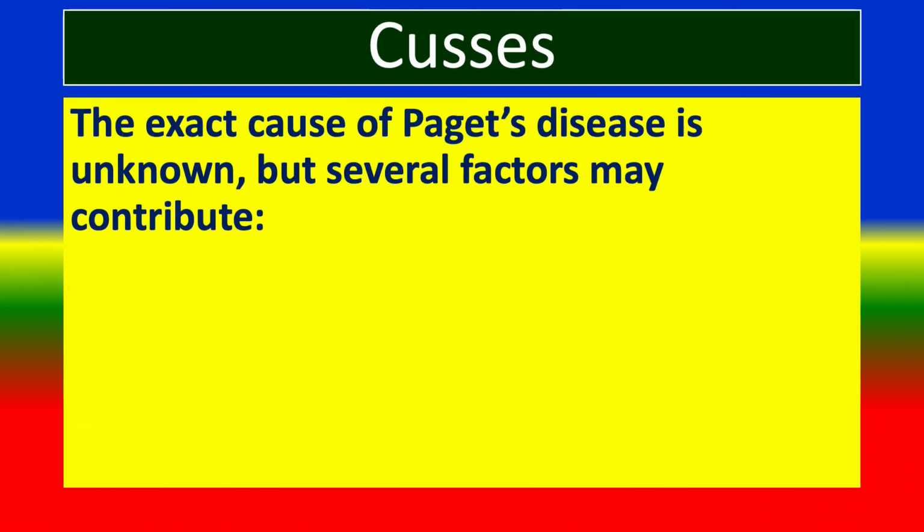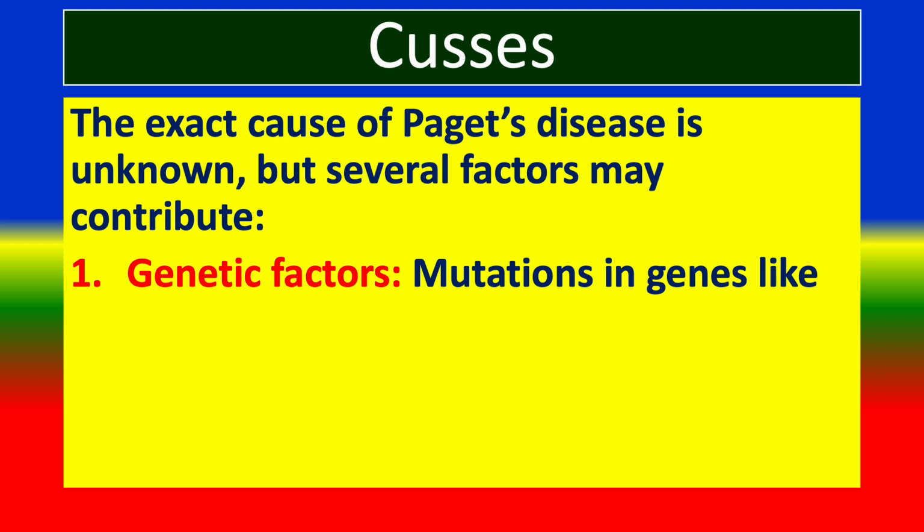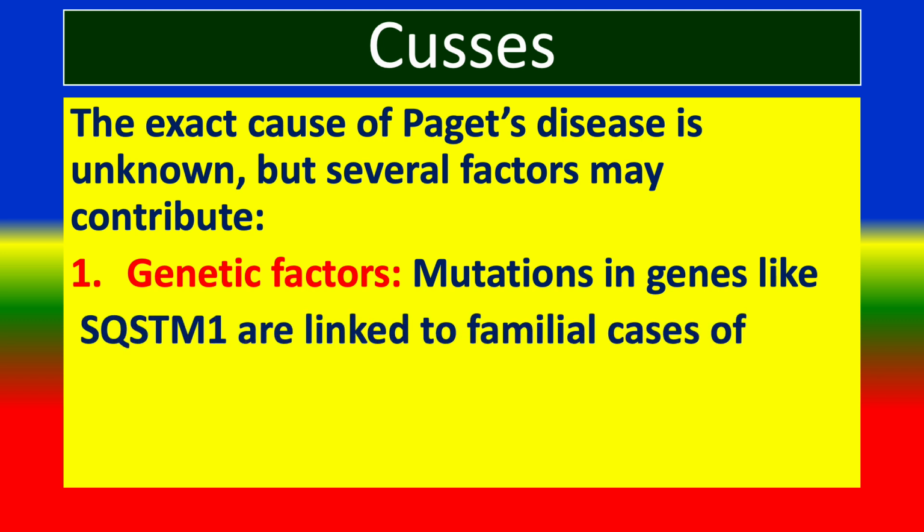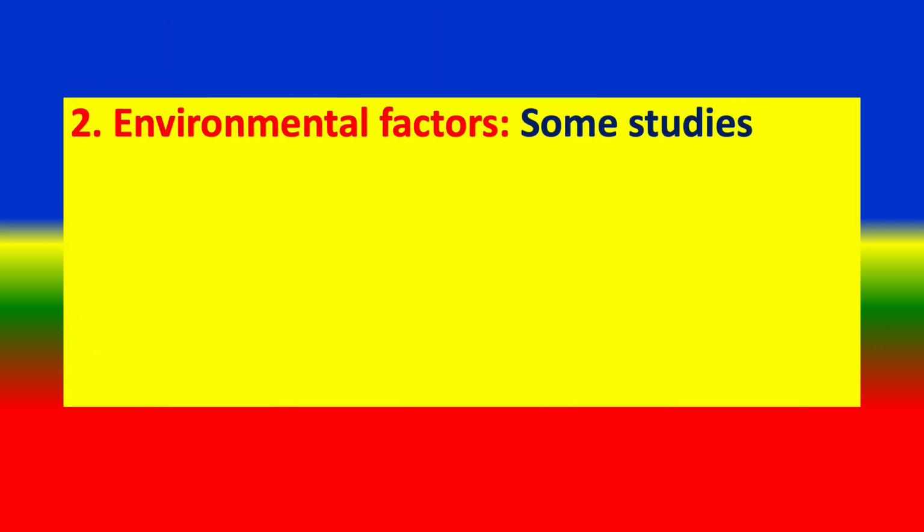Causes. The exact cause of Paget's disease is unknown, but several factors may contribute. 1. Genetic factors. Mutations in genes like SQSTM1 are linked to familial cases of Paget's disease. 2.